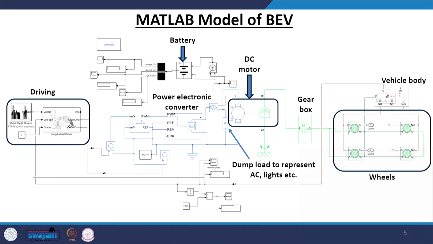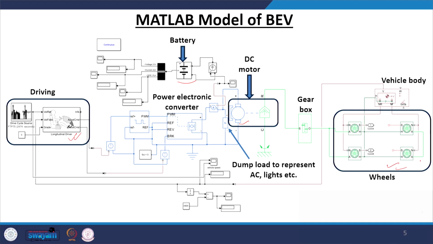This is a typical MATLAB model of a purely battery electric vehicle, where you have the driver over here, then the power electronics converter, as I mentioned, that converts your DC or AC power supply. Then you have the battery, the major component of the electric vehicle, and the motor connected with the gearbox and then the wheels.